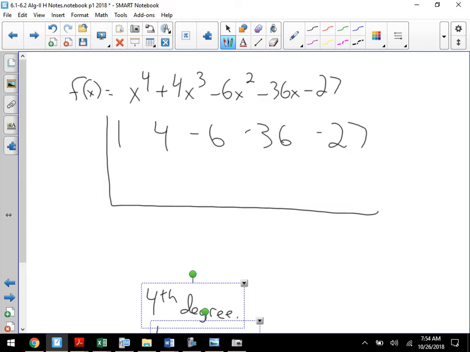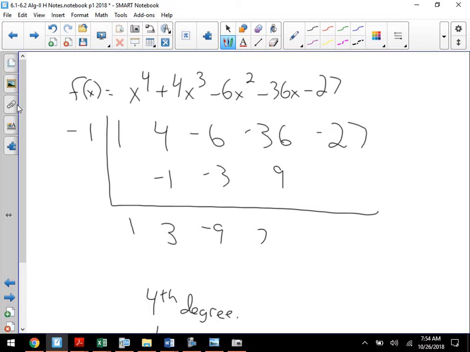Now, if I use a 1, I'm searching. That's not going to work. That doesn't end in a 0. So that 1 didn't work. Don't write this down. It almost worked. Didn't end in a 0.